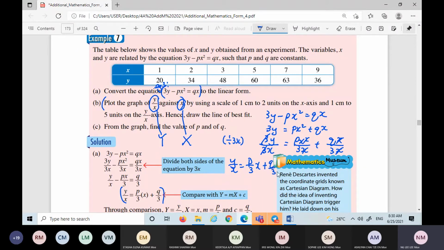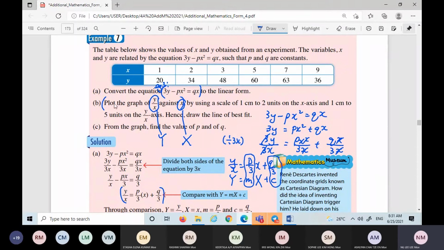The second term has no variable, and it happens that the capital letter Y is y over x, and capital letter X is x, which is here. So this is y equals to m times x plus c. Therefore the m is this and the c is this, and my capital letter X and Y are correct. This is how you change to linear form.